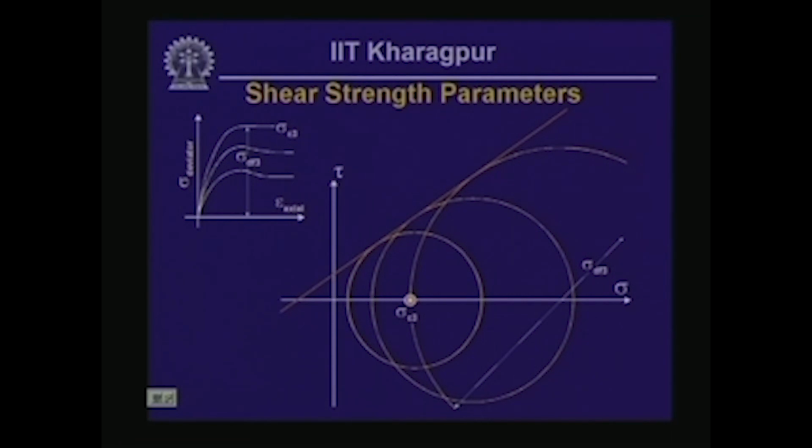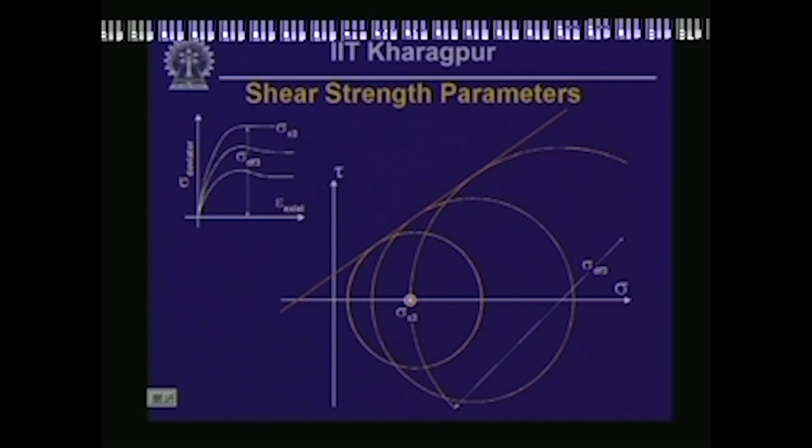Repeating what we said, the Mohr circles corresponding to the three triaxial tests are shown on the tau sigma space at the right of this screen, and now our attempt is to find out what the strength parameters are. You should also notice there is an orange line that is tangential to the three Mohr circles, and that is normally the case.